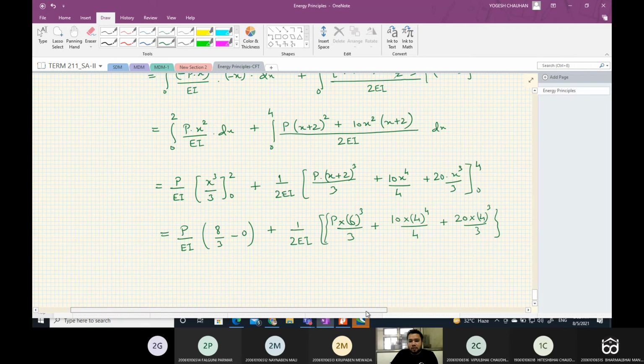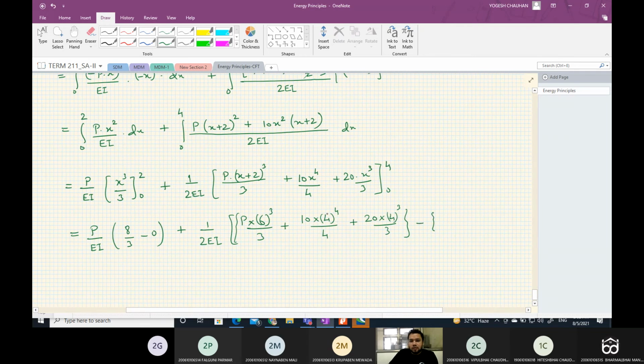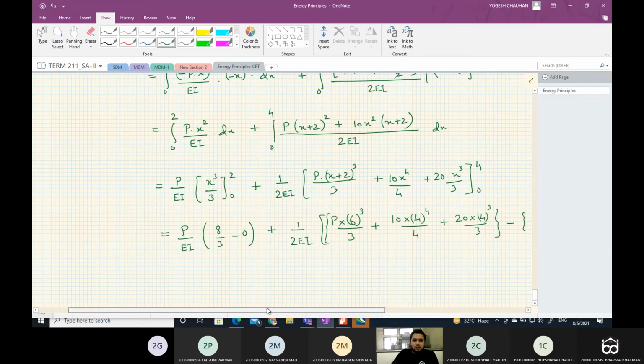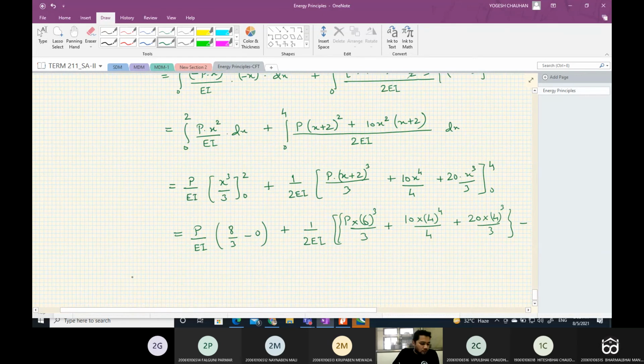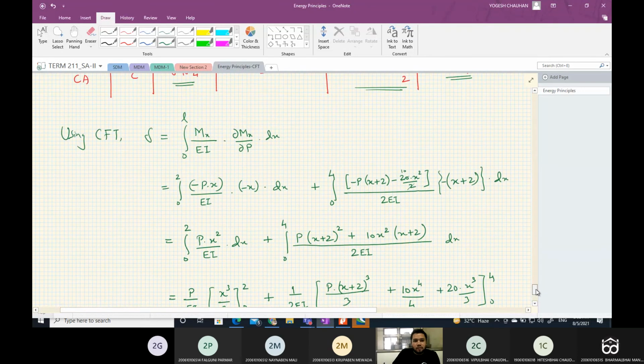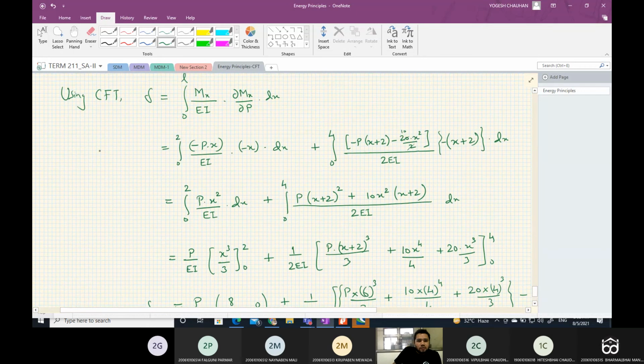This is the upper limit. Now lower limit, minus P into 2 cube by 3, and substitute the lower limit here. It will be 0, so this will be plus 0. Okay, so this is delta B, deflection at point B. Therefore delta B is this.